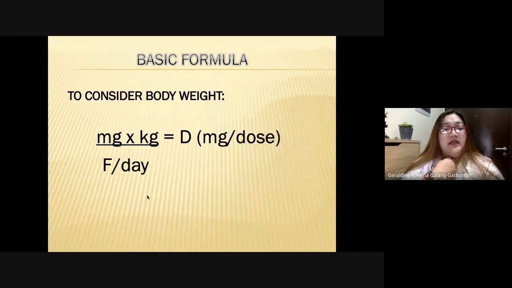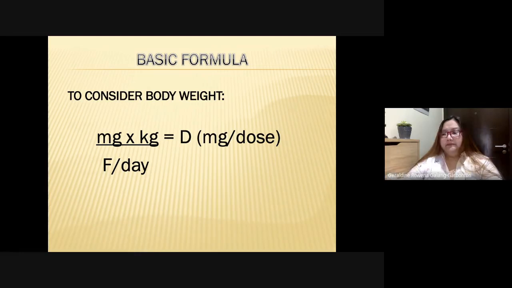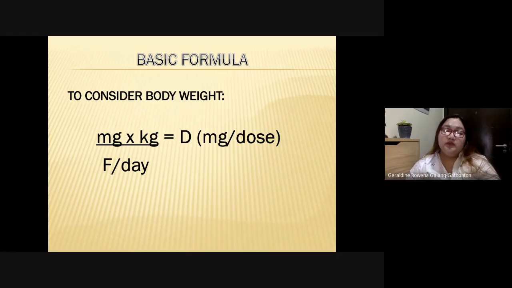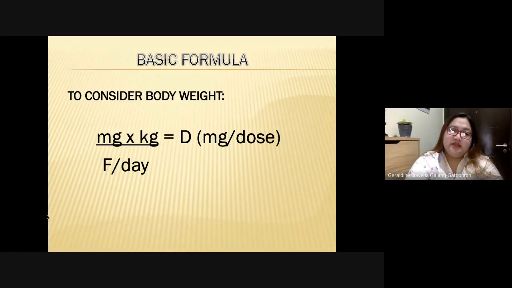Okay? Now, merong ibang mga gamot na ipinabibigay ng doktor depende sa bigat ng pasyente. This is especially true among children. Okay? Now, when we always consider the body weight when computing drugs, we have to remember that the dosage you want per day is multiplied to the weight of a child or of a client.